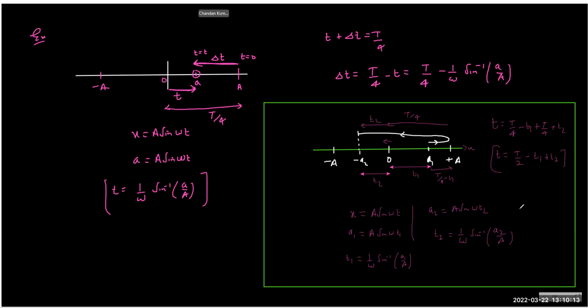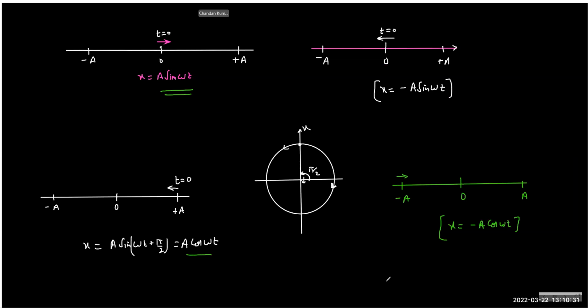Sir, on page number 18, that minus a sine omega t example. Why does it start like that? If we compare with the circular motion graph, it is starting from the fourth quadrant, so you're going down.